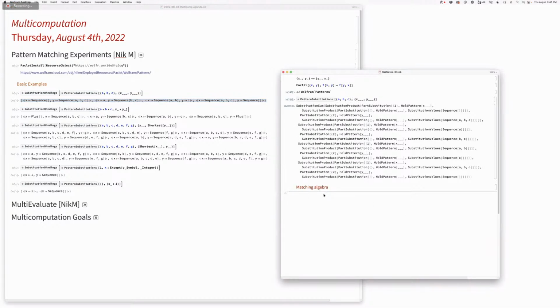So in a sense, just like we have that evaluation graph, the thing we're talking about over here is a matching graph. And then there's also a multi-way matching graph. I may be confused, it's a tree.